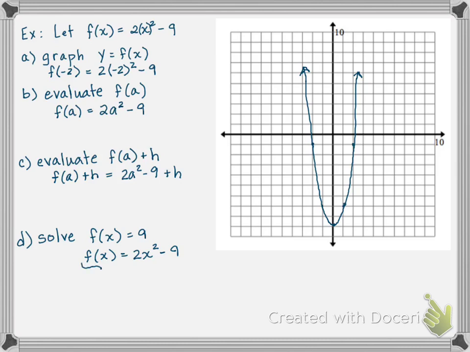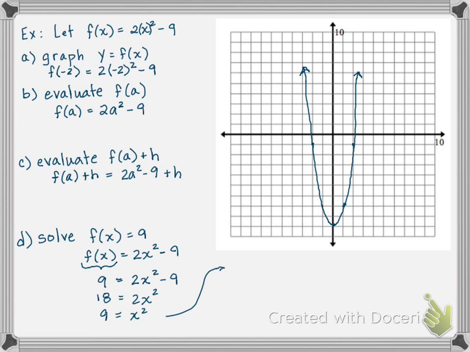So I'm replacing this entire thing, my entire output, with 9. So when we have f of x equals 9, they're saying set your function equal to 9, as opposed to your input equal to 9. So 18 equals 2x squared, 9 equals x squared.